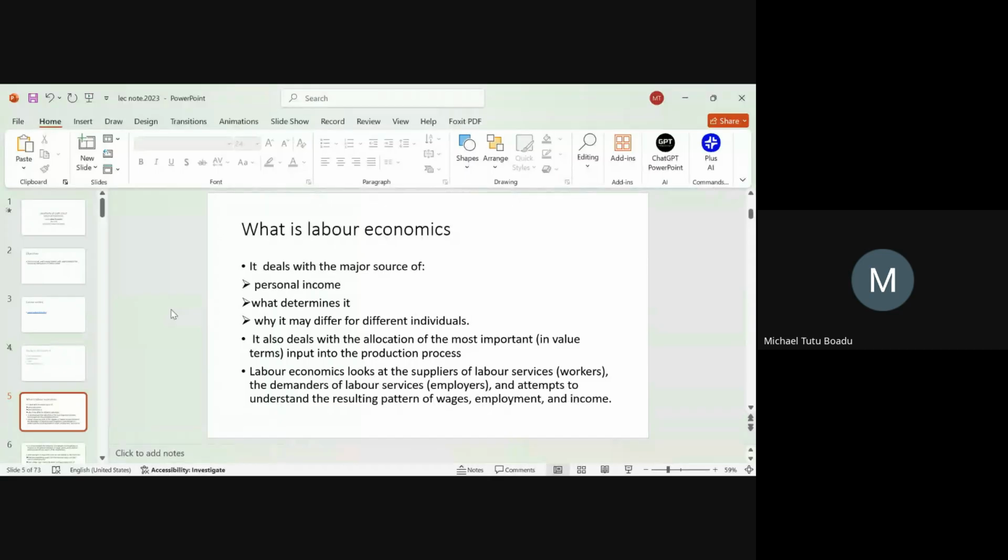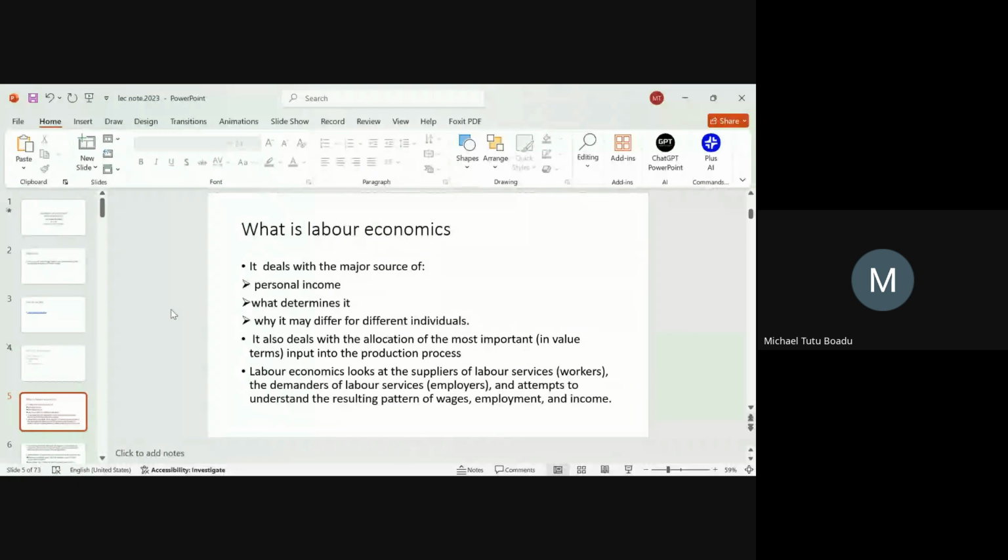So it is about the supply and demand for labor and how to understand the way wages are determined, employment, and income. So the pattern of wages, the pattern of employment, the pattern of income of individuals are being influenced through how we demand labor and how we supply labor.